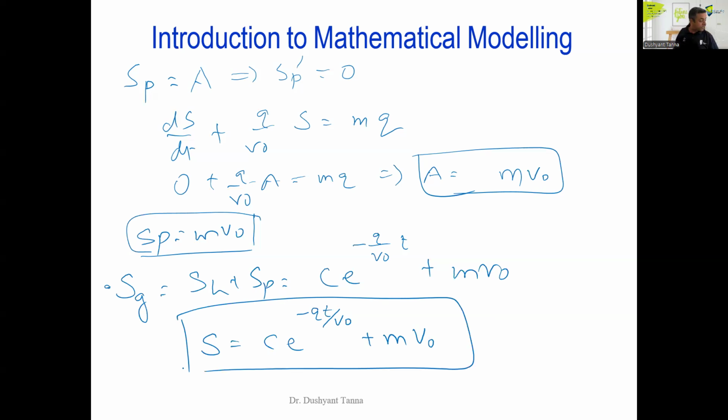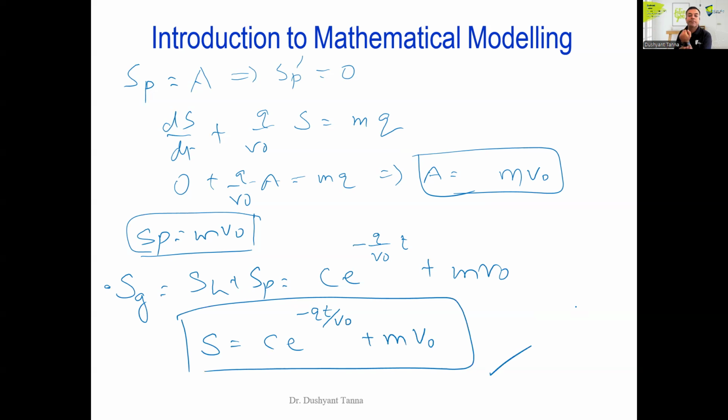Now, I just did some paperwork before I started the lecture just to make sure everything is right. I followed the same approach of that P and Q approach, finding your mu of t, which would be e raised to minus at, where I called these constants a and b, and then going for your s of t. So that all is verified, and that is the same answer which you have obtained here.